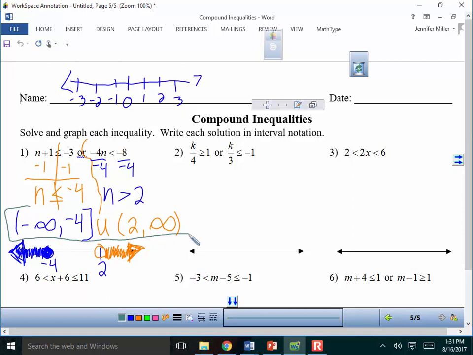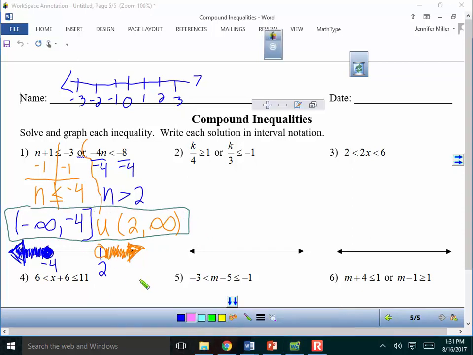I did not mean to color code this because the blues and the orange are actually mixed up, but this part and this part go together, right? And then we can shade over here, this one, and this one. Does that make sense? It's all straight down.